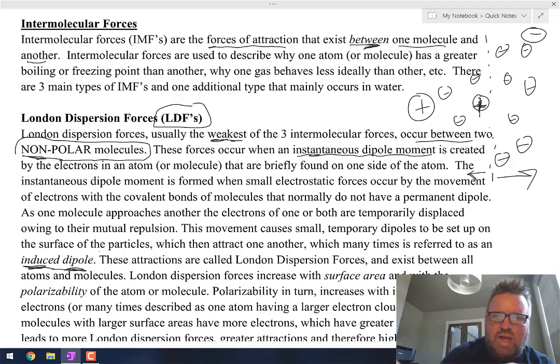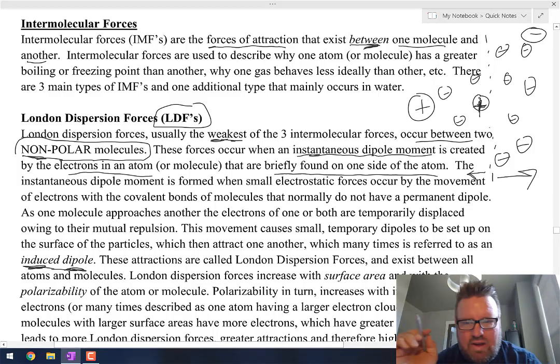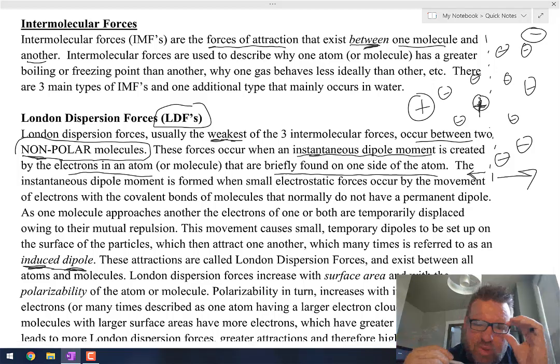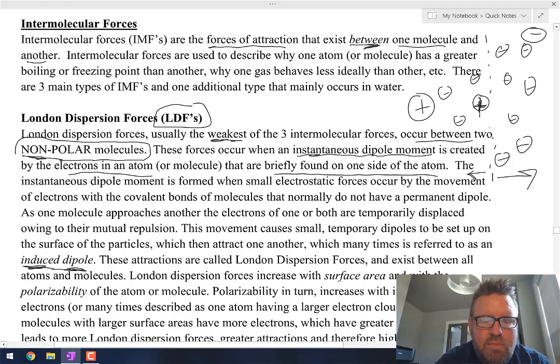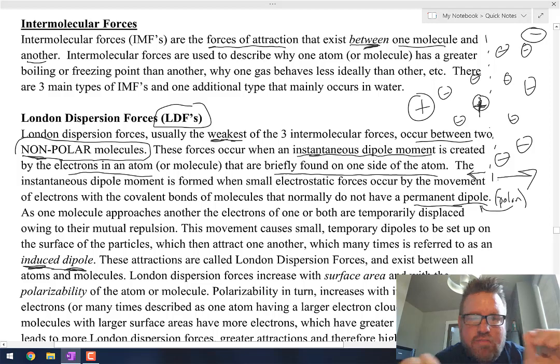Okay? So again, electrons in an atom are briefly found on one side of the atom rather than the other. And so this instantaneous dipole moment is formed when those very small electrostatic forces, those negative charges and positive charges, arise by that movement of electrons within the bonds that normally, again, don't have a permanent dipole. A permanent dipole, we know that means that it's polar. Okay? And again, this is only for nonpolar molecules that we're referring to right now.